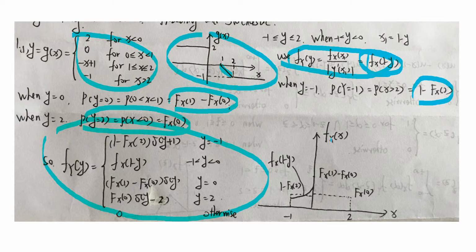I'm sorry, this part should be fY(y) and this should be y. So the several different special points we've discussed here: when y equals -1 is inconsistent with the probability density function here.